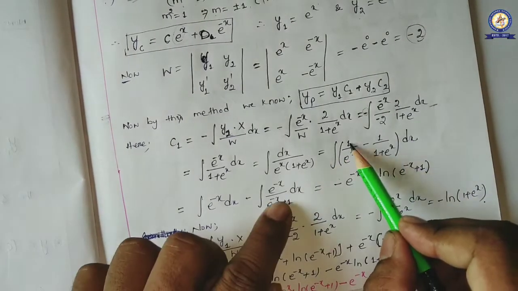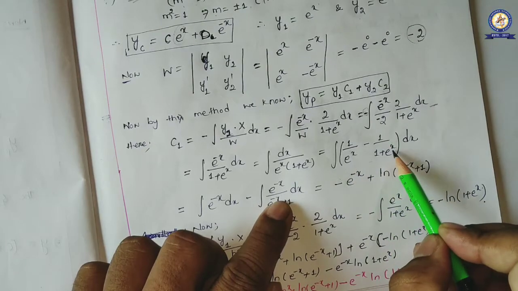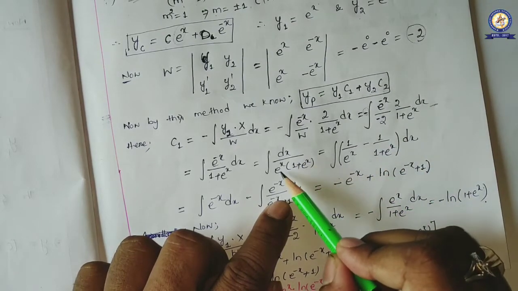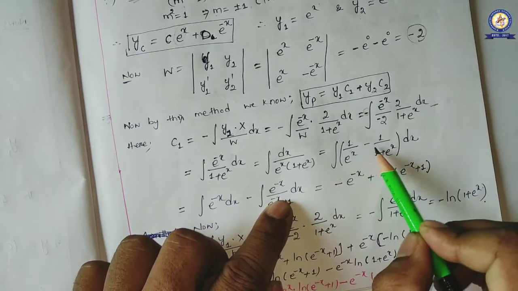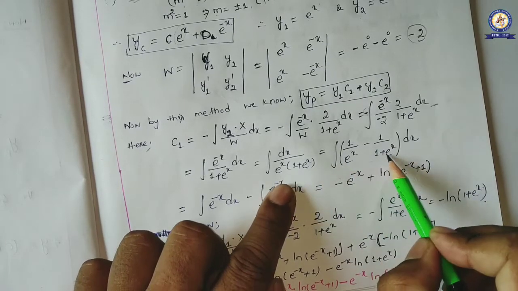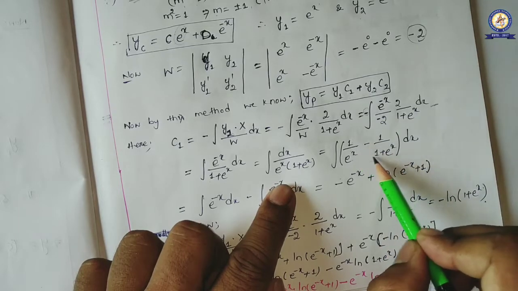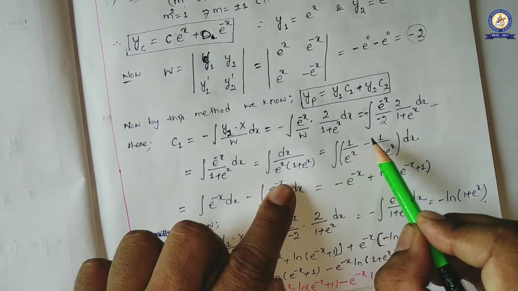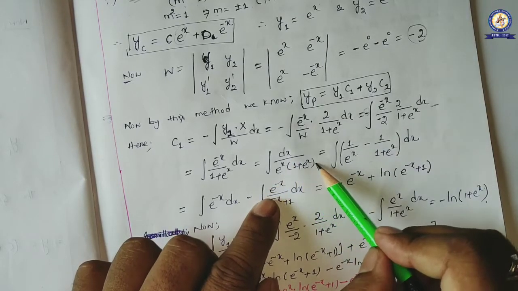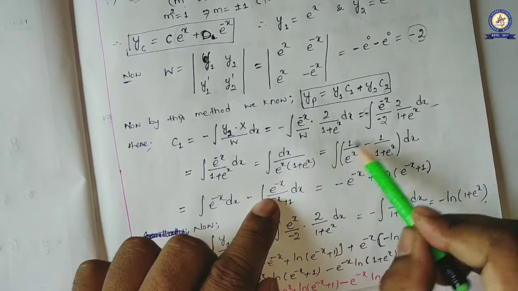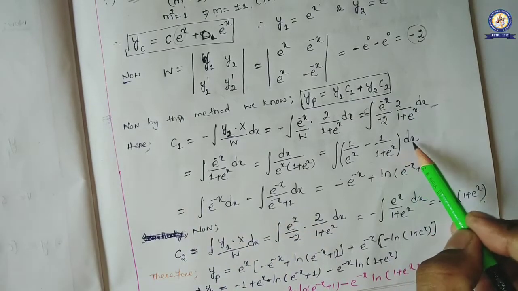That is 1 by e to the x minus 1 by 1 plus e to the x is nothing but 1 by e to the x into 1 plus e to the x. See, you just subtract: the denominator will be e to the x into 1 plus e to the x, and the numerator will be 1 plus e to the x minus e to the x. So e to the x got cancelled, so 1 by e to the x into 1 plus e to the x. So this can be written in this format, into dx.